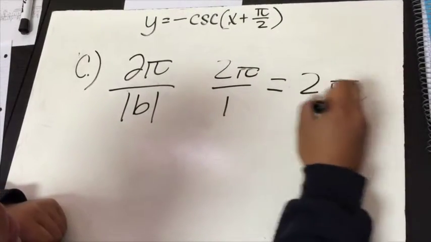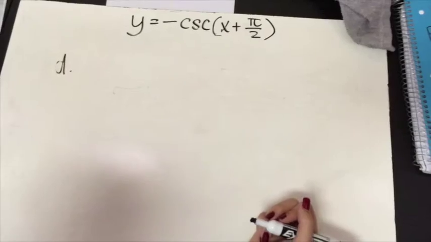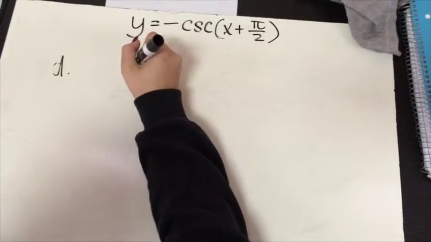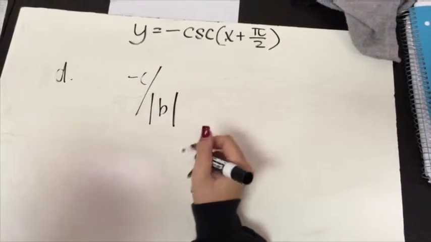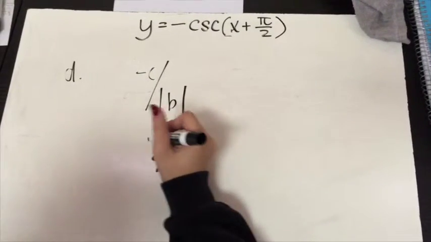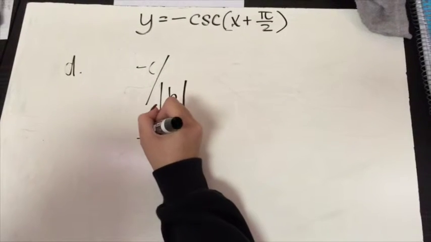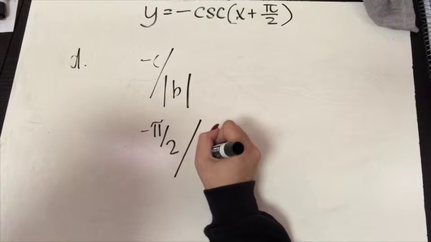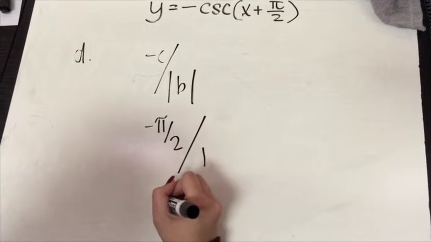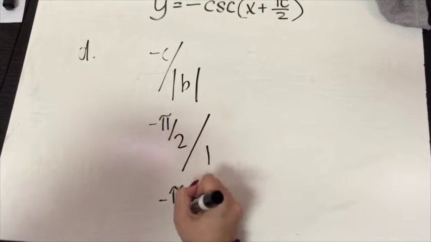The period is 2 pi. The phase shift formula is negative c over the absolute value of b, and c in this equation is negative pi over 2, and b is 1. So the phase shift is negative pi over 2.